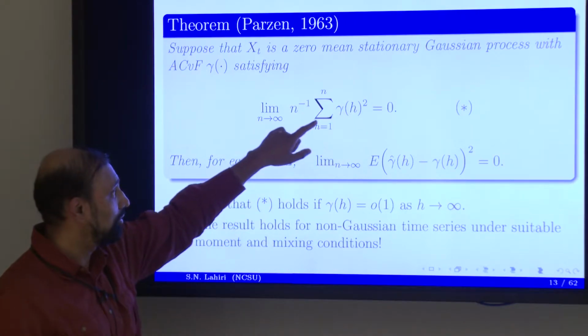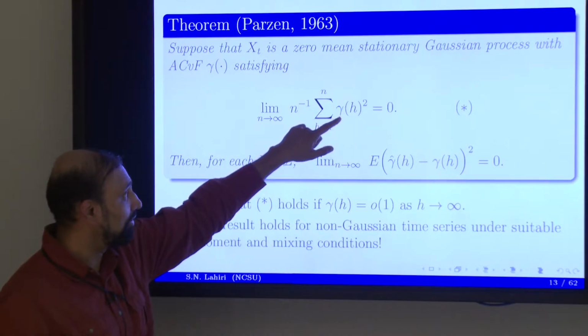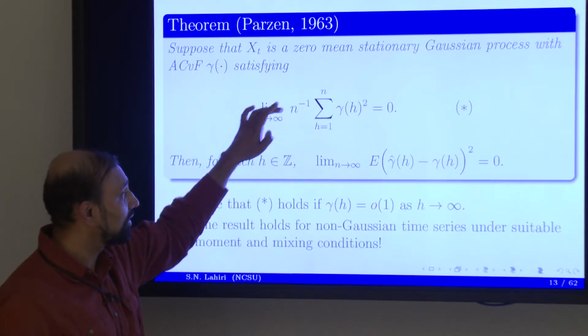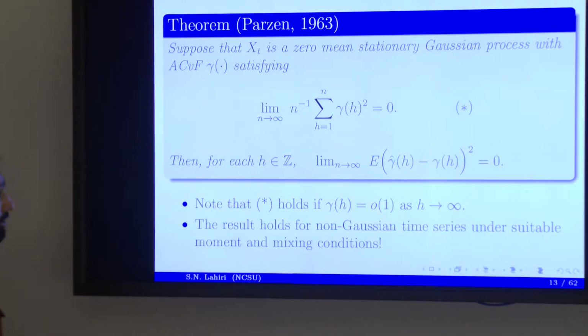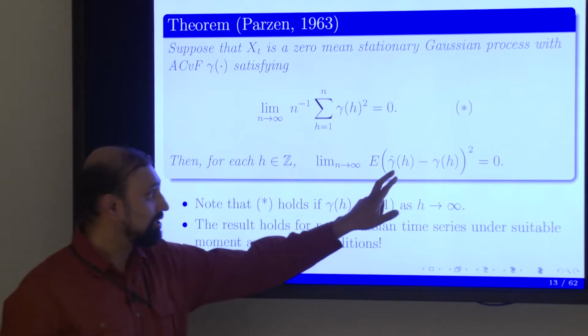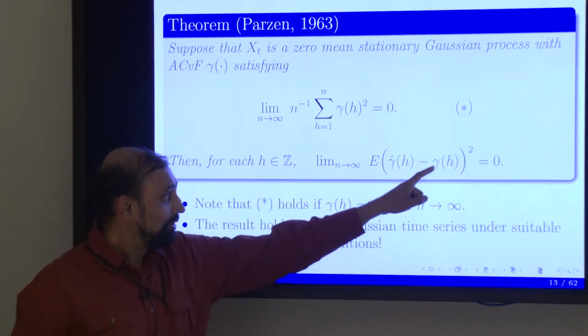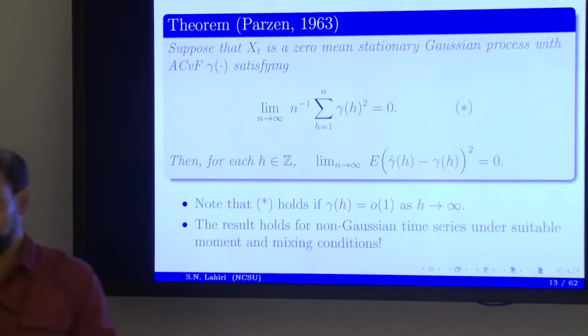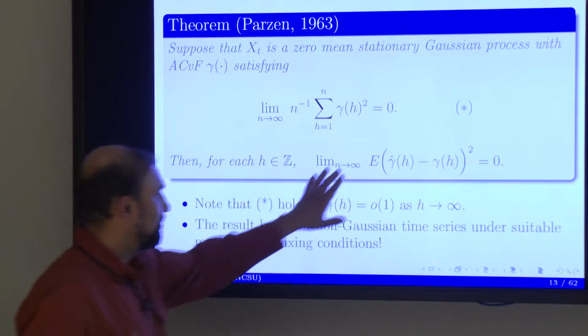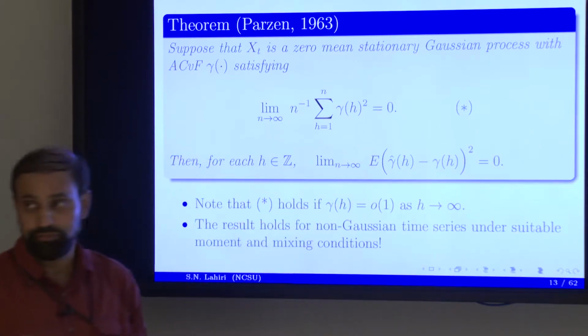You're supposing that the sum of squares of gamma h, h going from 1 to n, divided by n, as long as that limit is 0, the estimator that we have seen on the last page converges to the true gamma h for the underlying x process. So this is mean square error consistent.